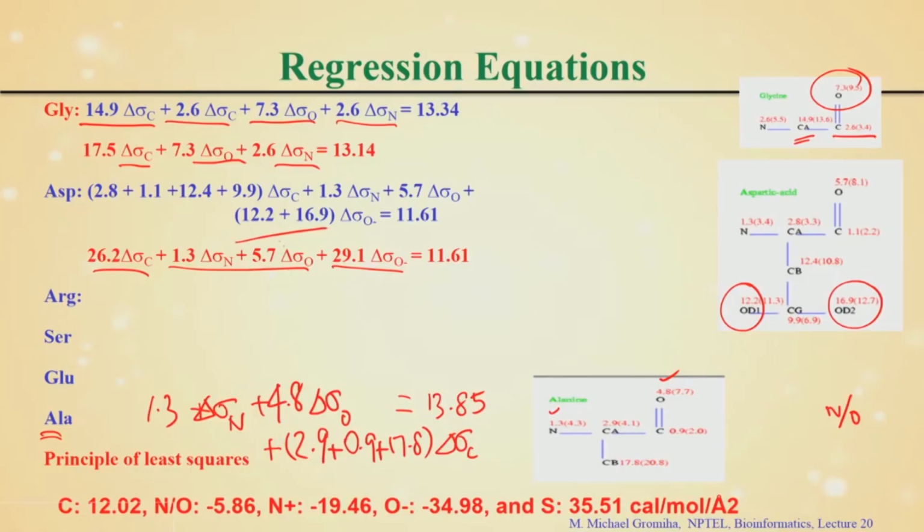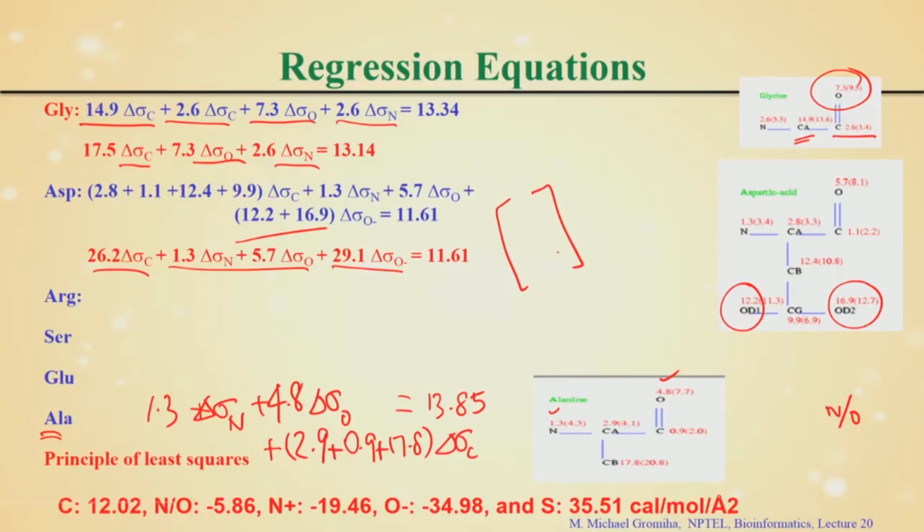You can add these two and get 29.1. So, you get 20 different equations. 20 equations, how many variables? 5 variables. So, on the y axis you can see the hydrophobicity values.